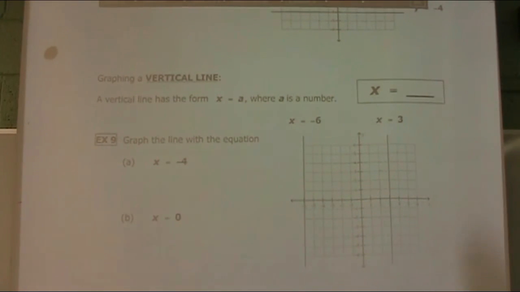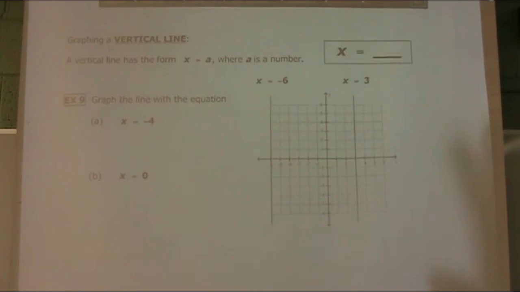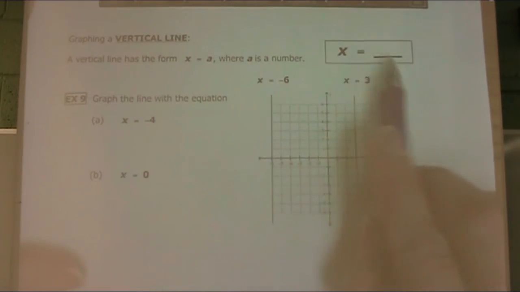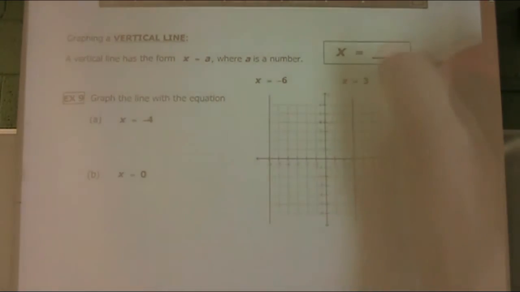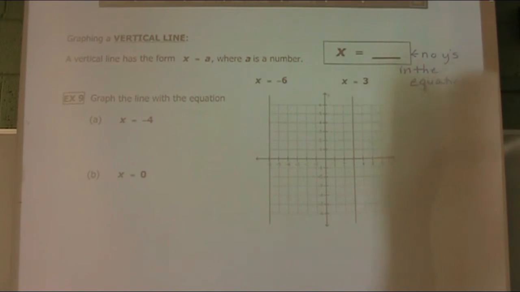Now, vertical lines have a similar situation, but the opposite situation. So with a vertical line, its equation has x equals a number, and there are no y's in the equation. These are vertical lines.